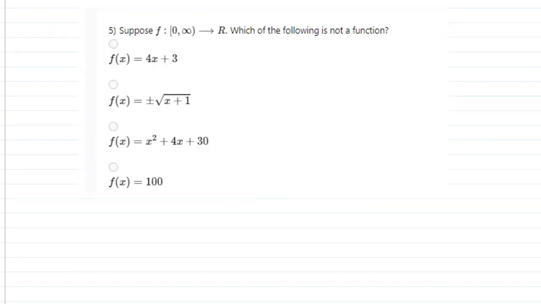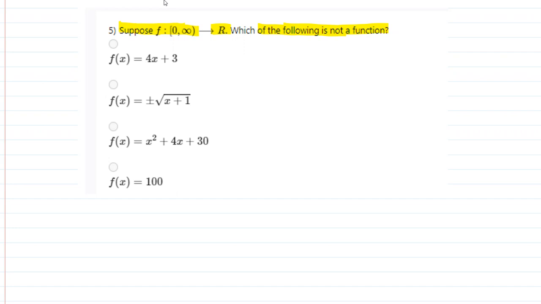Let's look at this question. Suppose f is a function defined from 0 to infinity. The domain is 0 to infinity and the codomain is R. Which of the following is not a function?